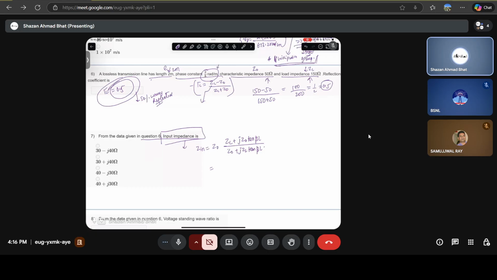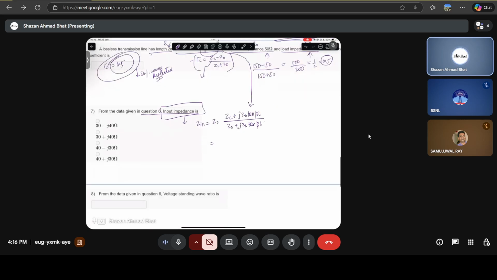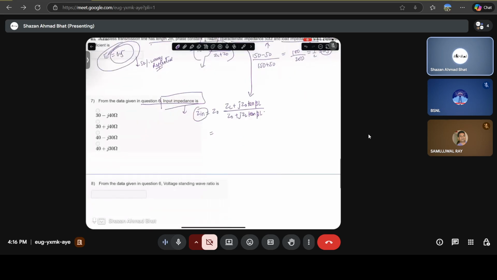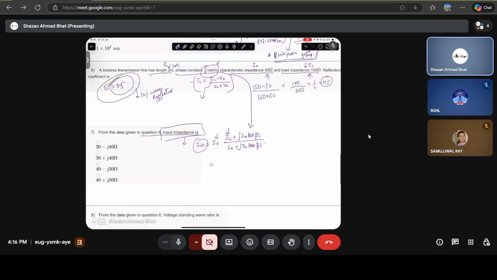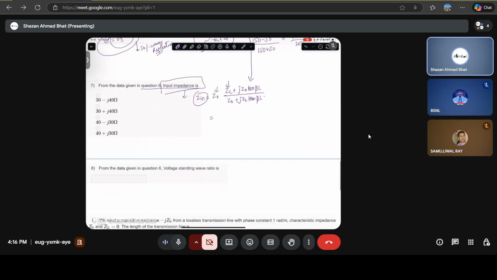So you can just put these values here and you are going to obtain the input impedance. Characteristic impedance is also given. ZL is also given. This is just a straightforward problem. You're going to get 30 minus 40J, which is 30 minus J40. So this is the real part.